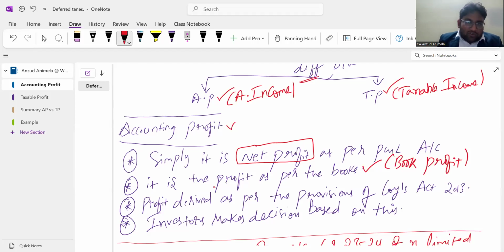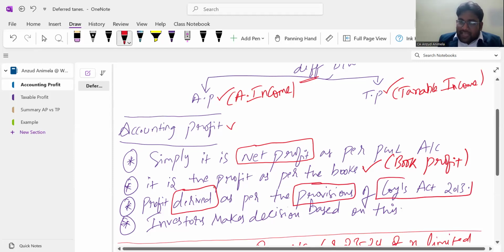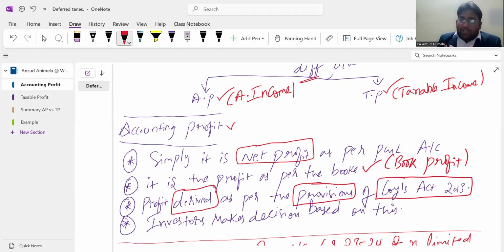I can also say that accounting profit has been derived as per the provisions of the Companies Act 2013. Tata Motors Limited is a limited company incorporated under the Companies Act.